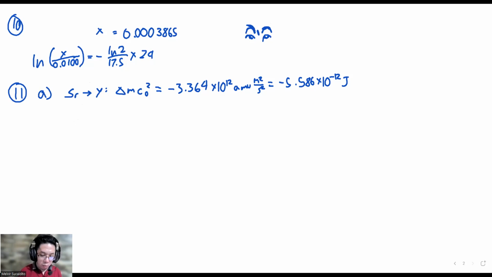Nag-glitch. Why is it pangit? C minor moment.